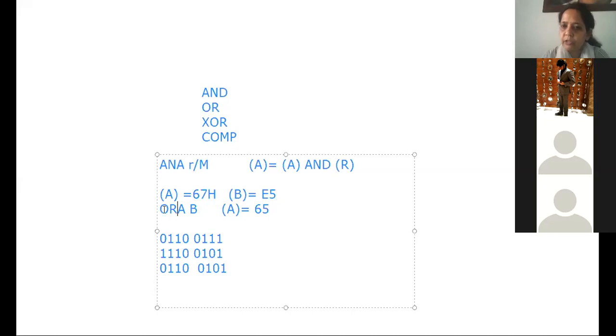So the instruction is ORA, and then you have to write the register name or the memory name. The logical instructions are easier to remember. ORA means OR the accumulator contents with the register or the memory contents. So I will take the same example: A has 67, B has E5. Then what will be the contents of the accumulator after execution of this?